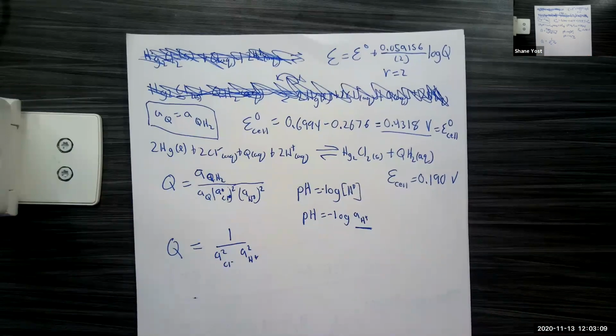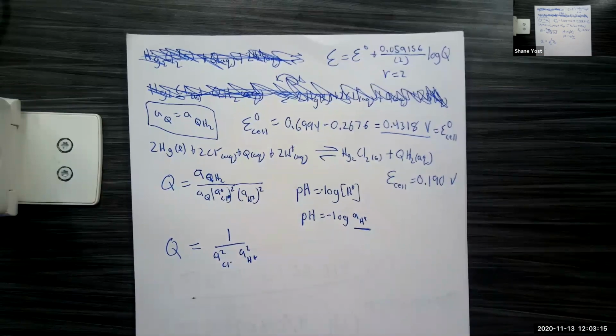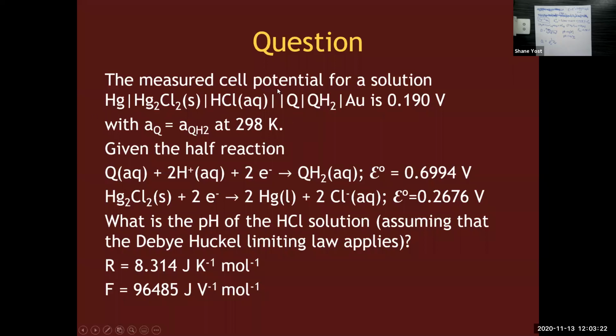But then to simplify things more, I got to figure out, well, what is this activity of Cl minus? If you go back to the original problem, we see here that the H plus ions and Cl minus ions are being added in through the addition of HCl, your strong acid HCl.